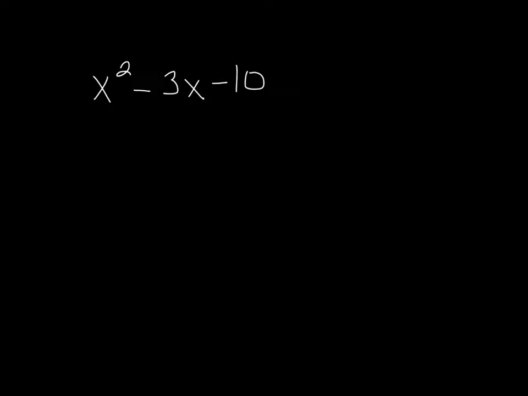Okay, we have another example here where a is 1, so we don't have to worry about a. b is negative 3, and c is negative 10. Now remember, when you're multiplying, in order to get a negative, the signs have to be different.